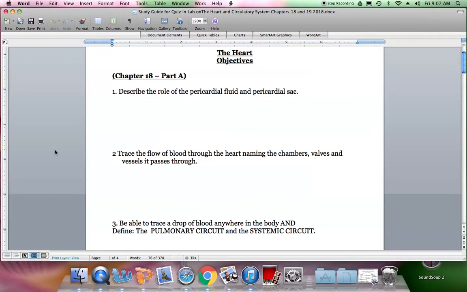But anyway, if you take a drop of blood in the left big toe and it's just given up the oxygen to the tissues there, it returns through those capillary beds to venules, those are just little tiny veins, to the major veins, inferior vena cava, to the right atrium.